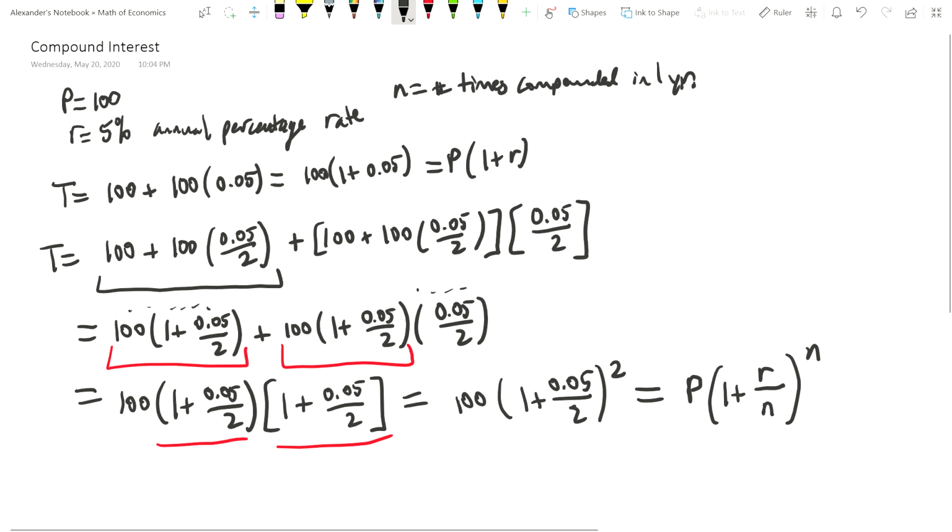Pretty straightforward. Now let's say you have this in the bank for not 1 year, but let's say 2 years. So this is after 1 year. Let's say after 2 years. Let's see what this looks like.